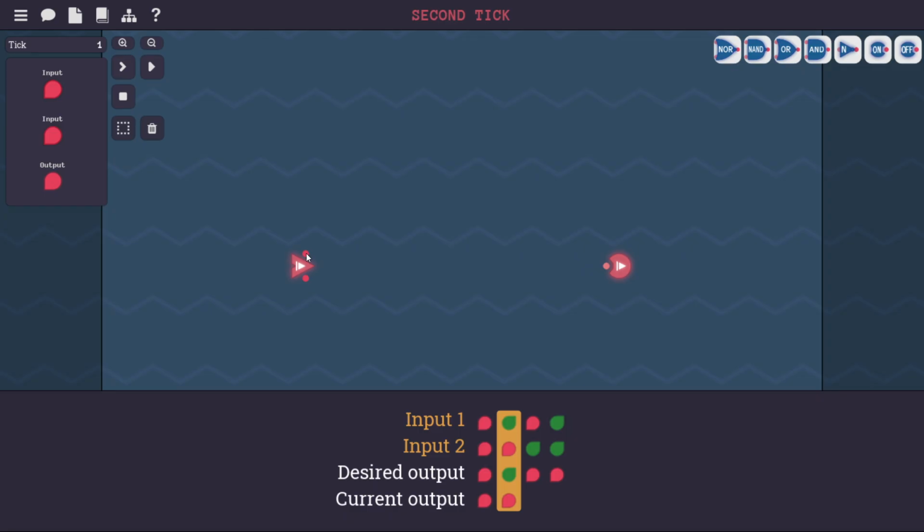So we can probably use an OR gate. Let's just use an OR gate for a start and see the output as off. So that's correct. And it also says that if the first input is green, which means on, we are supposed to still get a green, which is on, and that's okay.